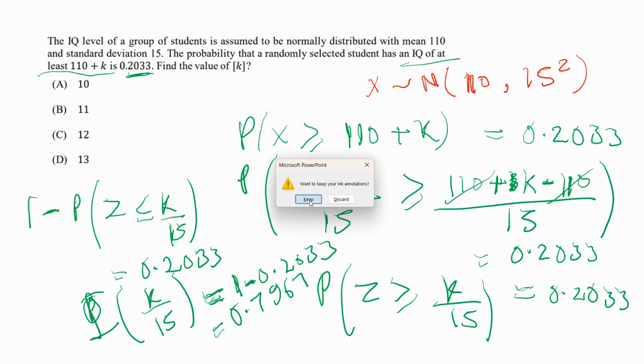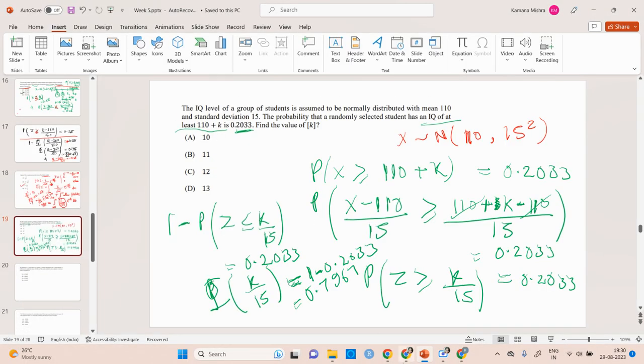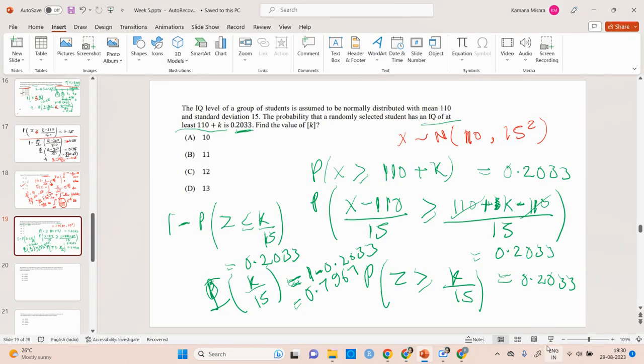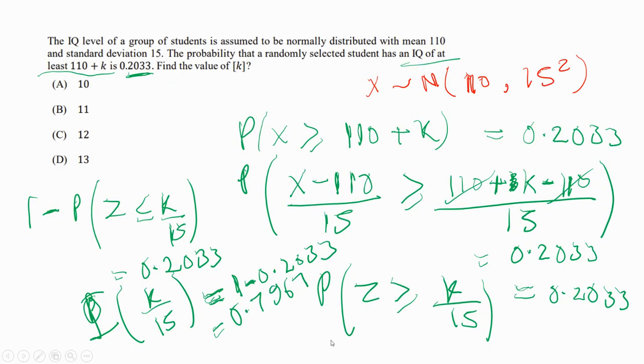Now we need to find the 0.7967. So this is 0.7967, okay. So 0.7967 is at 0.83, right? So now this is phi of 0.83.